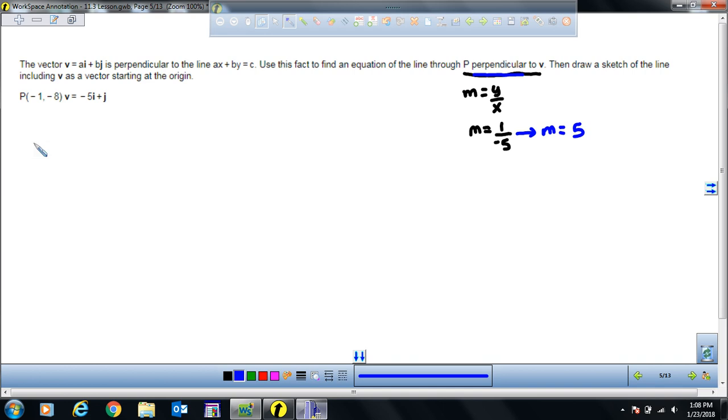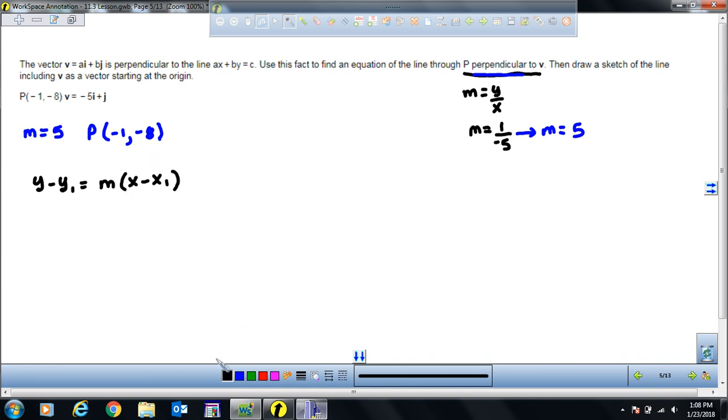Now what else? We know that the slope of that line is going to be 5, but also that it has to pass through the point P, which is -1, -8. Let's use the point slope formula to get the equation of that line to begin with. What does the point slope formula look like? It would be y minus y1 equals m times the quantity x minus x1.